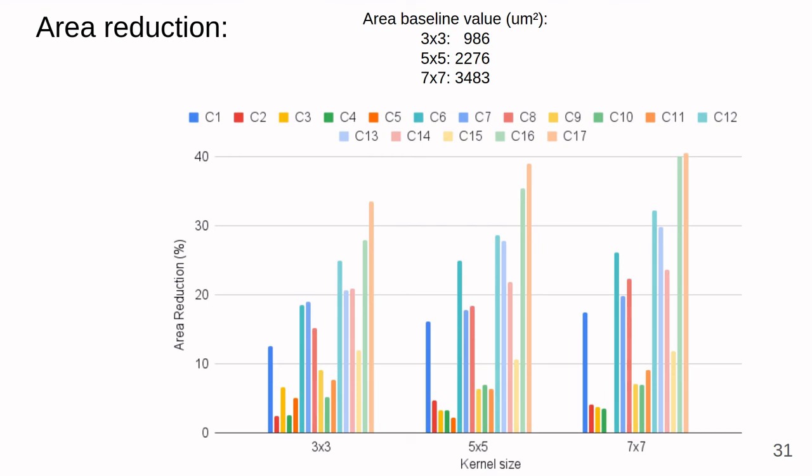With a single level approximated, area reduced up to 8% for all kernels, while the all-levels-approximated case reduced up to 41%, with a high degradation in performance conformance. Considering level 5 exact, the area reduction was between 5 and 6%.